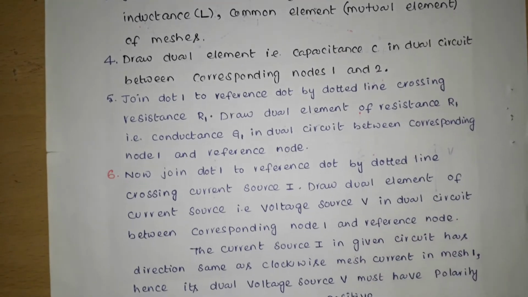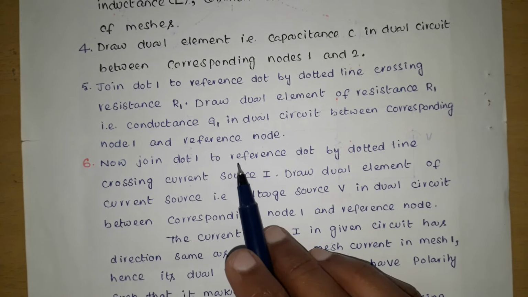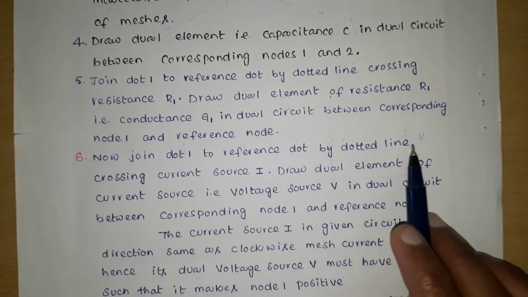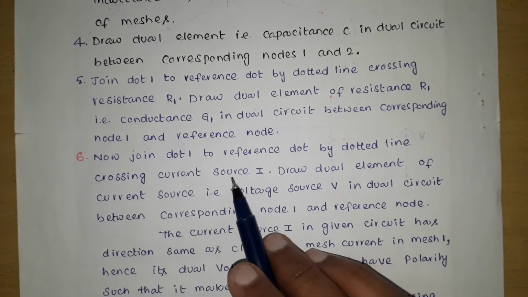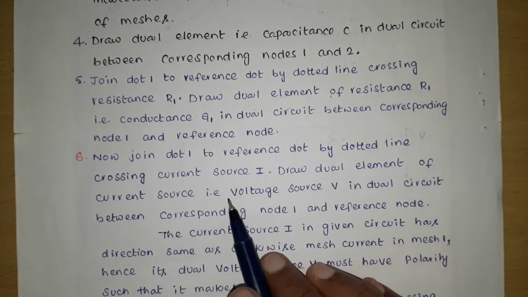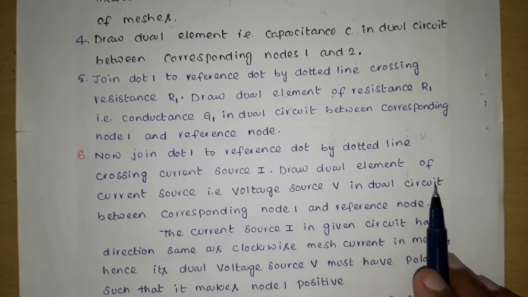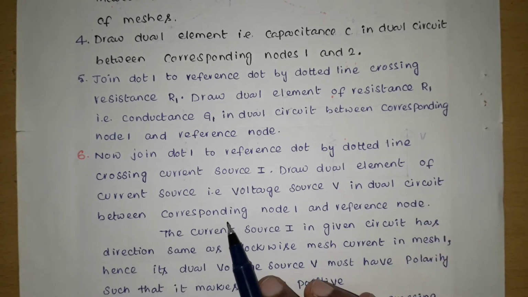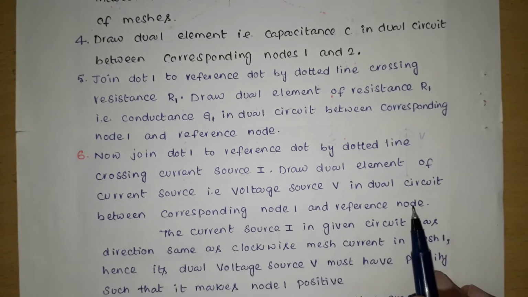Now the next one is: join dot 1 to reference dot by a dotted line crossing current source capital I. Draw the dual element of the current source, that is voltage source V, in the dual circuit between corresponding node 1 and reference node.